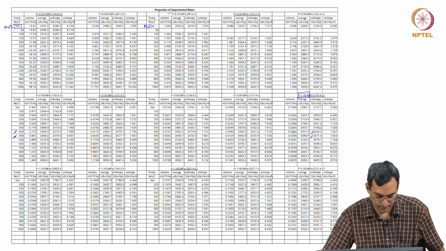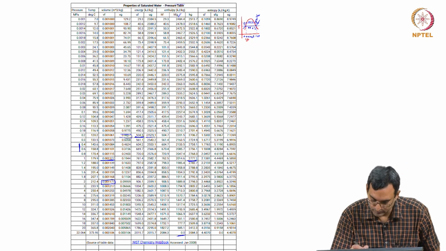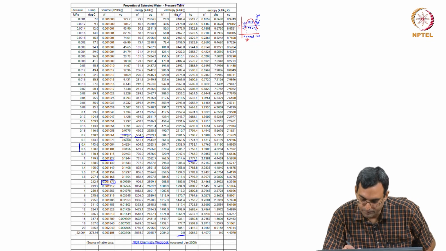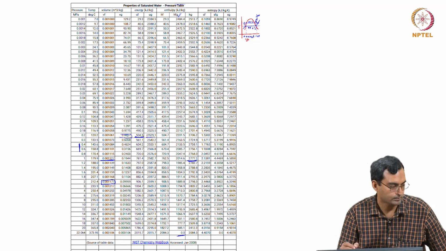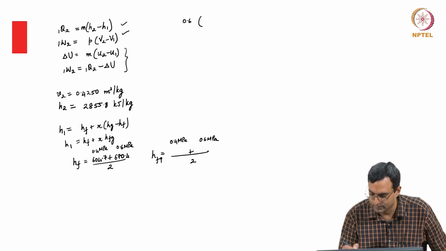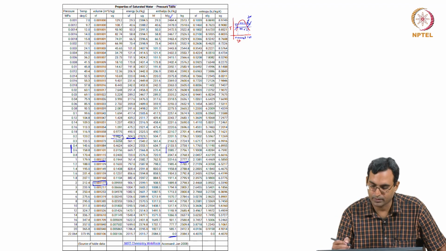So, we go back to the saturated chart, we look at the values by the pressure table here. I need values of enthalpy. That is 604.7 and 670.4. Here what I am looking for is actually Hfg, which is essentially, where are we? Here, these two values 2133.5 and 2085.7.